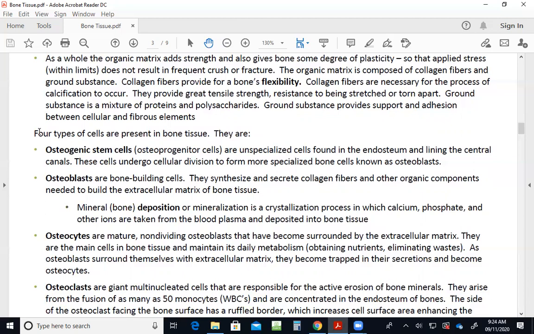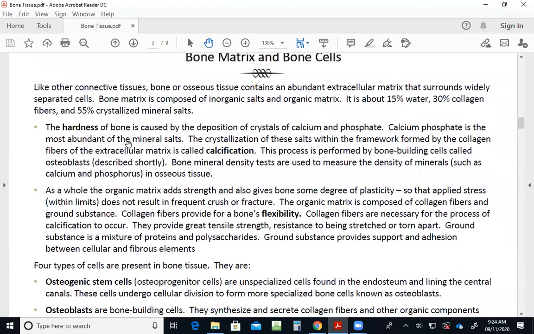A cool experiment, I should say, in which you can show how bendy bones can actually be, is if you take an uncooked chicken bone or something like that, and you soak it in vinegar for a couple of days. The vinegar will basically eat out all the calcium, so it takes a lot of the hardness out. You can take that bone and you can actually bend it like it's rubbery.